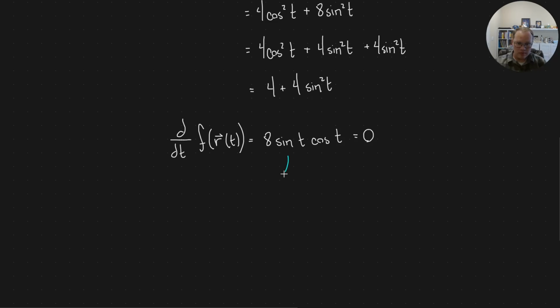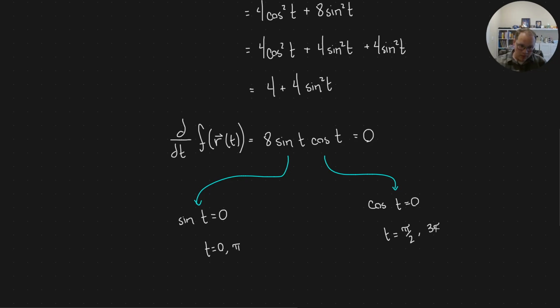So either the sine of t has to be 0, and that's going to happen at t equals 0 and t equals pi. Or cosine t is going to be 0, and that's going to happen in our region from 0 to 2 pi at pi over 2 and 3 pi over 2.